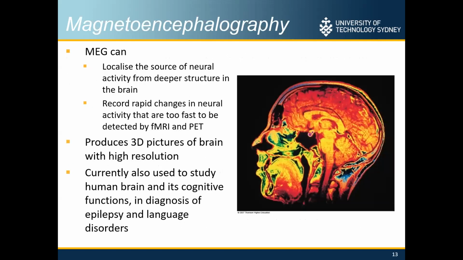The image on the right-hand side of the slide is the kind of image that you can acquire from the MEG. It's very good at localizing specific areas where there's high activity, but it is not as detailed as neuroimaging such as fMRI and PET scans.